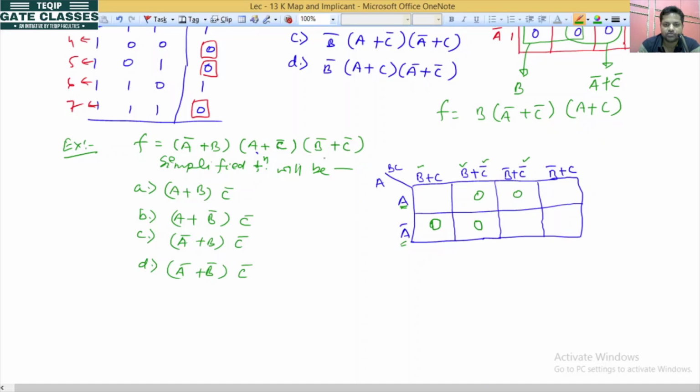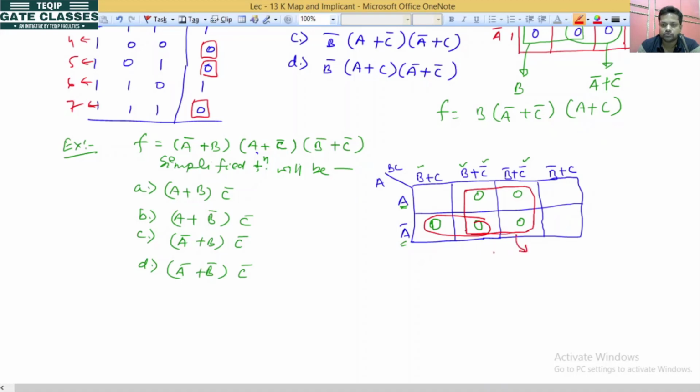Now B bar plus C bar is this one, so it is already 0, so put 1 0 here. Now we have to group all these zeros, so I am going to perform grouping. One quad is possible here, and one pair is possible. So two groupings will be there.